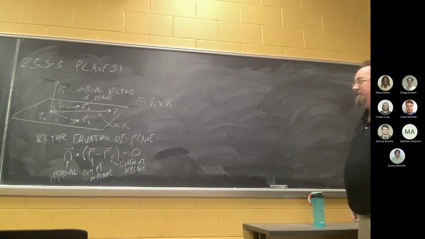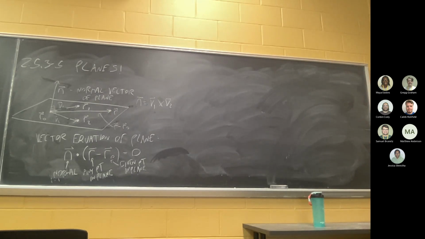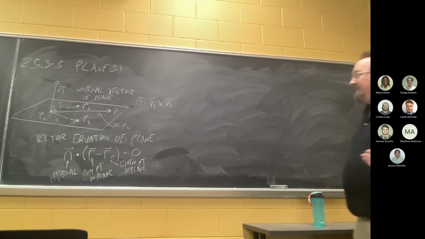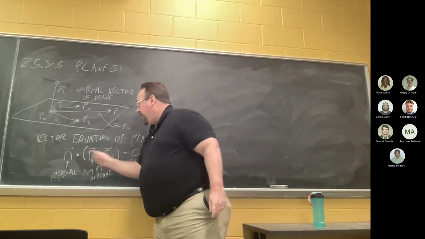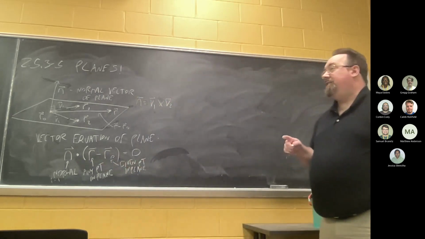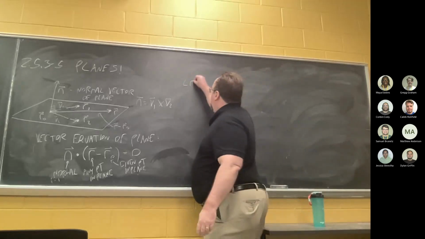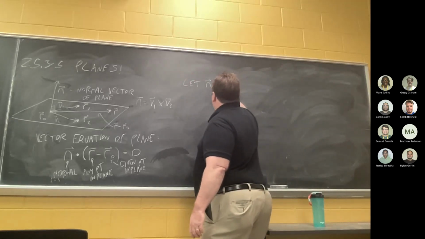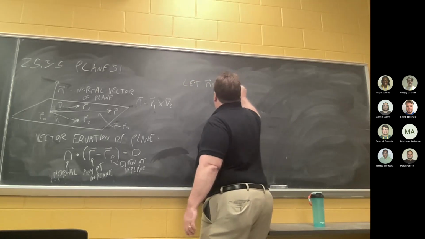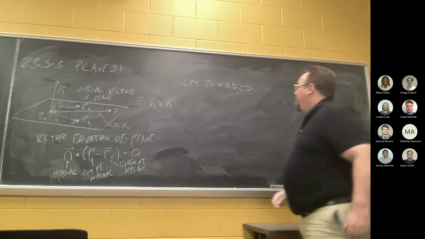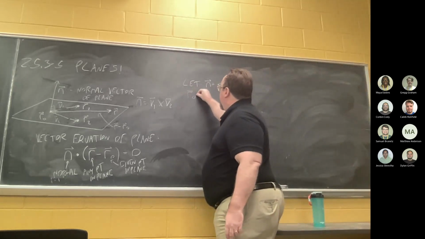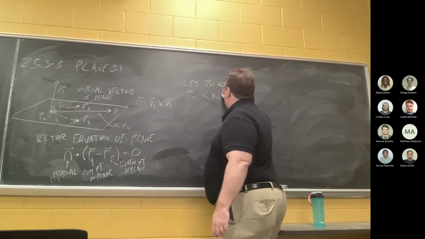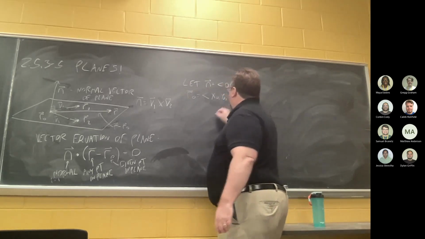But just as we had parametric equations of a line that tell you x equals this, y equals this, z equals this, it'd be nice to have an equation for a plane written in terms of x, y, and z. That's what we're accustomed to working with. So I'm going to work with these vectors now in terms of their components. I have my normal vector N having components a, b, and c. Our given point in the plane, R0, has components x naught, y naught, z naught.